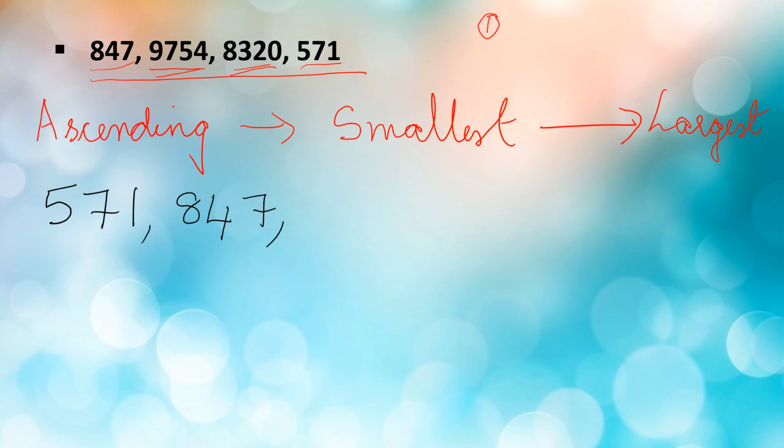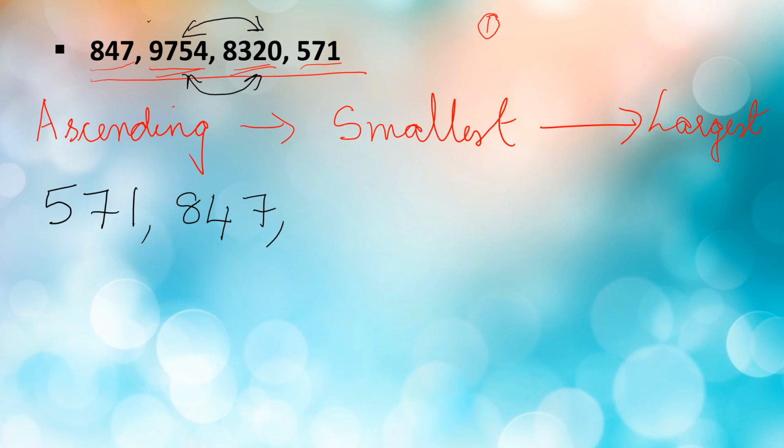Now we are going to compare these two numbers. You have two 4-digit numbers over here, 9754 and 8320. So among these two, which is the smallest number? As we discussed, when you look into the leftmost place, it is the thousands place, and you are having 9 and 8.